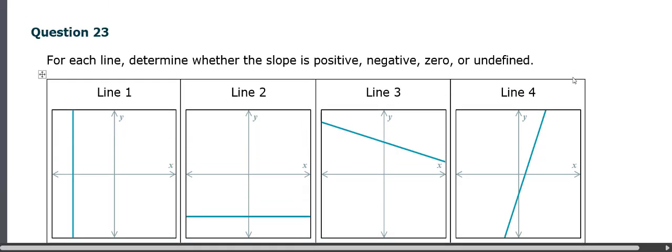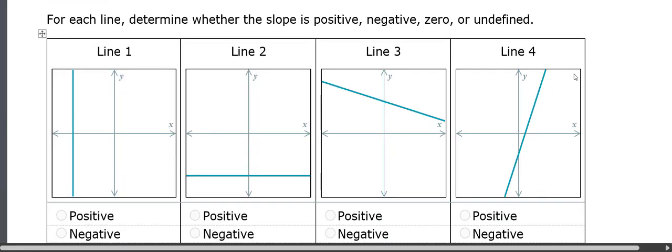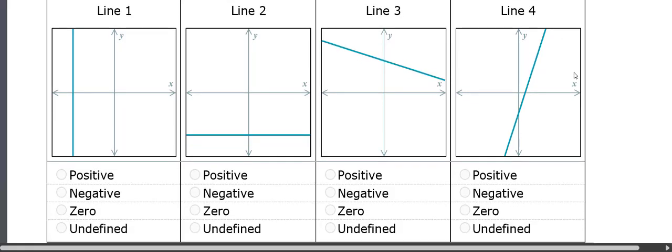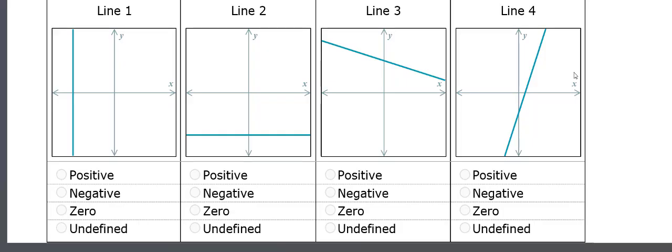For our next example, for each line, determine whether the slope is positive, negative, 0, or undefined. So when we're looking at our lines, if we have a vertical line and we look at just any 2 points on the line, the change in the rise for this example where I placed the 2 points would be 1.